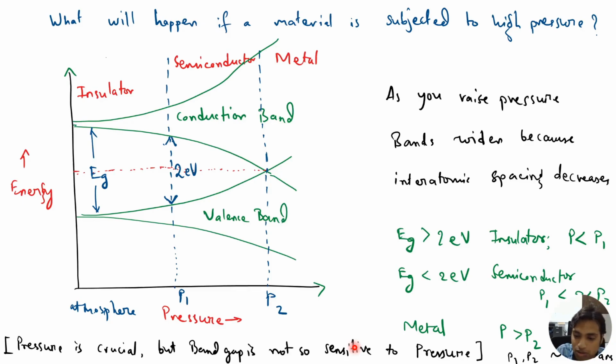Say you send it to Jupiter, where the pressure is very, very high. You might be thinking it is an insulator, but there it might be behaving as a metal or a semiconductor. So pressure has an effect on the material properties. Okay, so that's what you have to keep in mind.